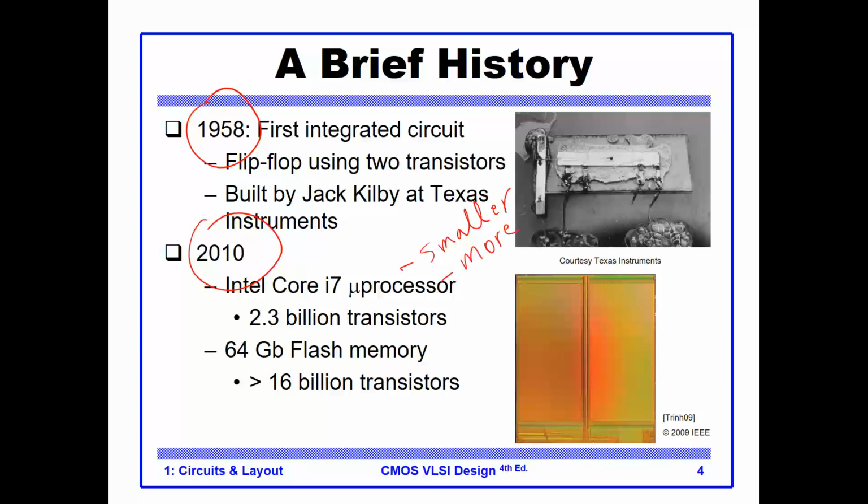So we are miniaturizing these transistors, and we are packing more of them on a single chip. Notice that this is the initial technology, and this is where we are right now. Huge, huge improvement on the transistor capability, on the capability of packing transistors on a single chip.